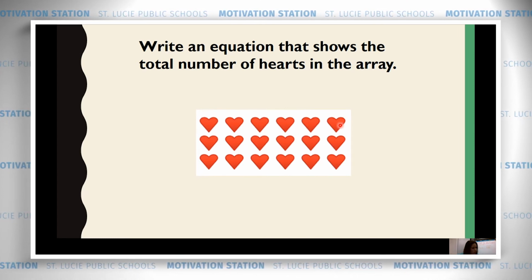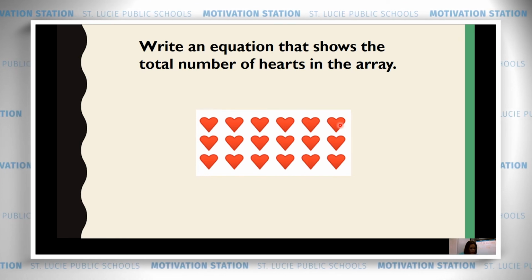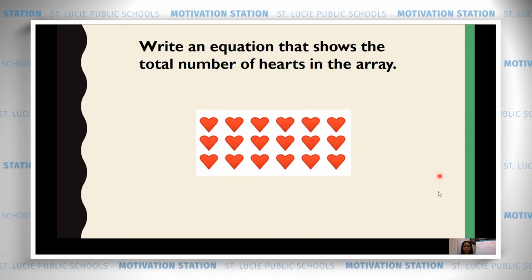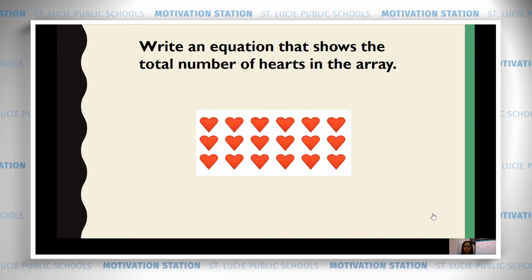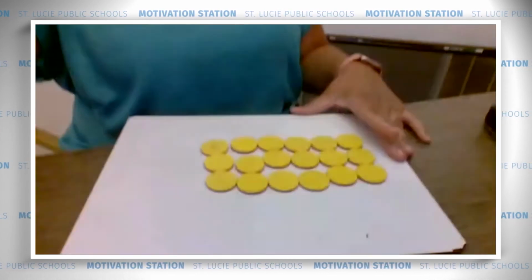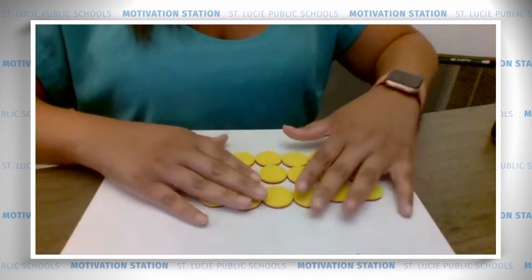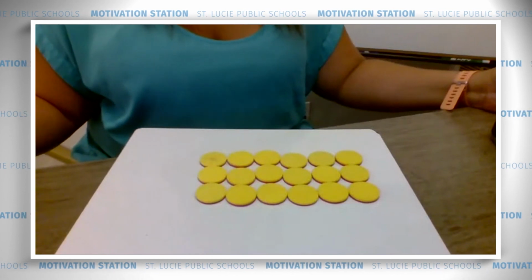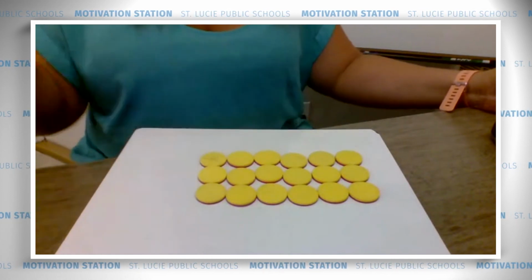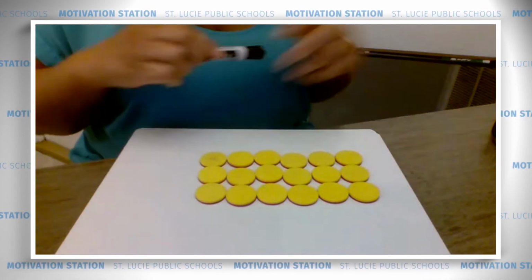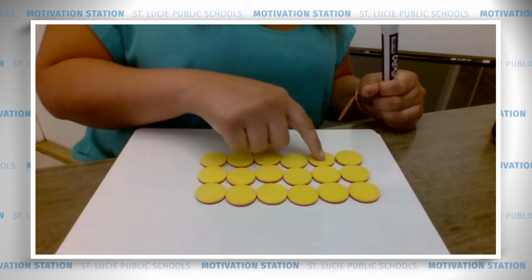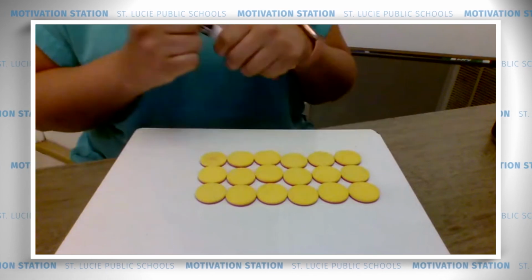All right, boys and girls. So here's my array with the same amount of counters as there were hearts. I have 1, 2, 3 rows, and 1, 2, 3, 4, 5, 6 counters in each row.